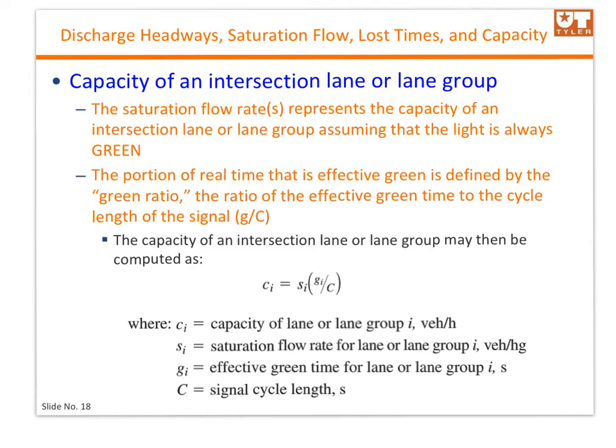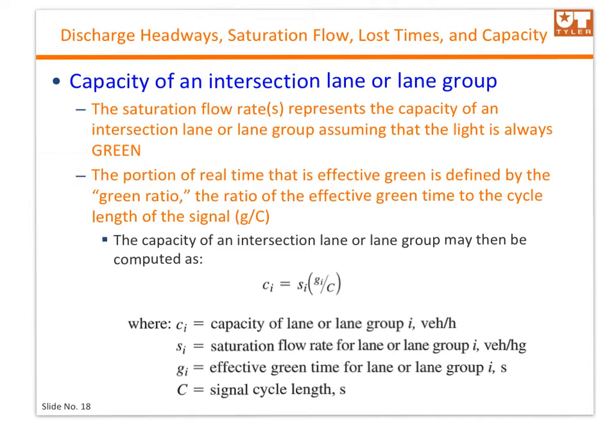The portion of real time that is effective green is defined by the green ratio, the ratio of the effective green time to the cycle length of the signal. That's why we call this ratio g over C. The capacity of any intersection lane or lane group may then be computed by this equation: c_i, which is the capacity of a single lane or a lane group, equals s times g_i, the effective green time we already defined, over capital C, the signal cycle length.